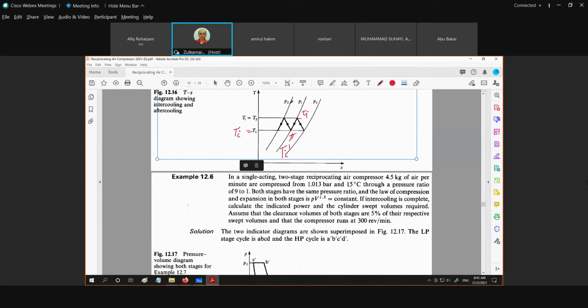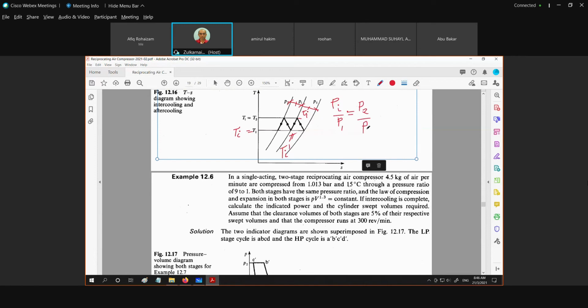Dan dalam the description given for this case, this is case di mana dikatakan bahawa equal pressure ratio. Okay, equal pressure ratio. So this length and this length, they are the same. So kalau equal pressure ratio, kita tuliskan dia sebagai Pi divided by P1 is equal to P2 divided by Pi.